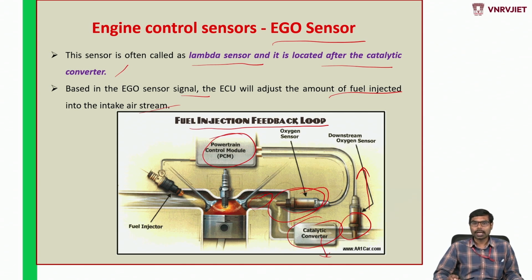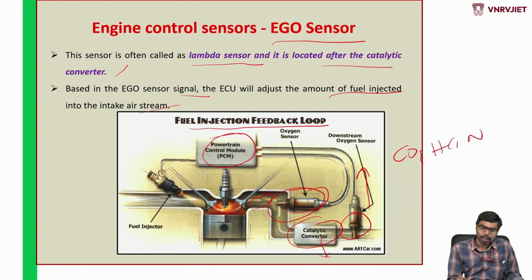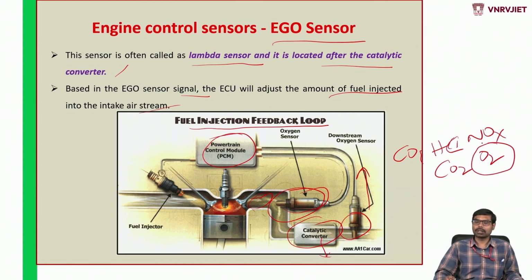Here you need to understand that many gases are present in the exhaust, like CO, HC and NOx. Sometimes other emissions are also present, majorly these, along with CO2 and O2. Out of these exhaust gases, I need to identify only the oxygen molecules. Then only can I give proper information to the ECU about how much oxygen is present inside the exhaust.